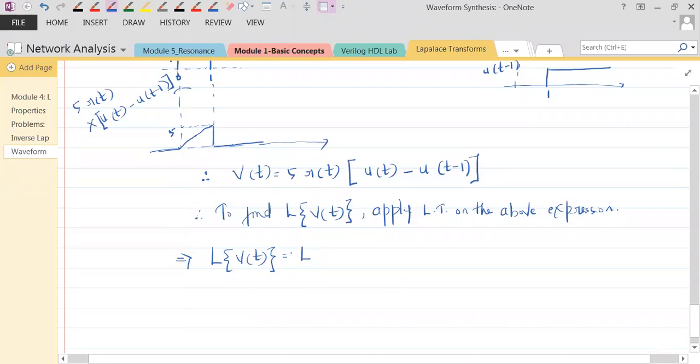You can keep 5 aside, and apply Laplace transform on r of t into u of t. Then again that 5 would also be there with this particular signal. Then apply Laplace transform on r of t into u of t minus 1.